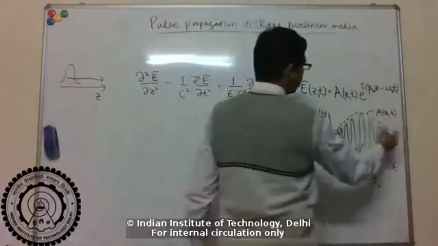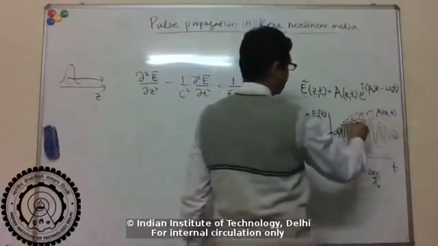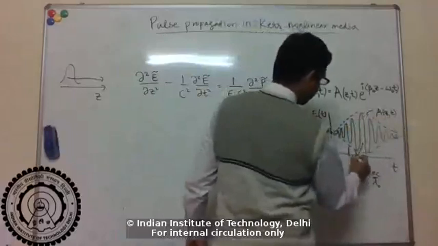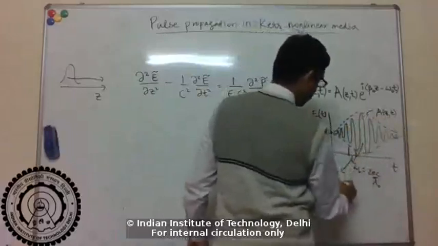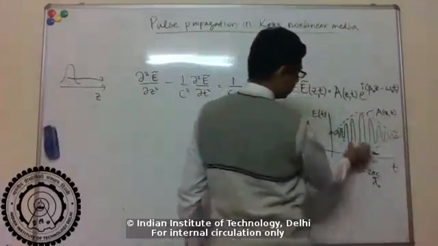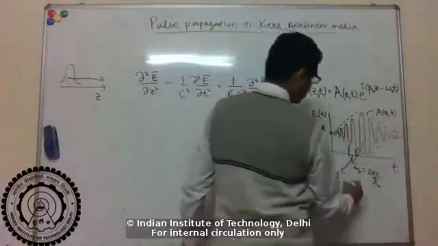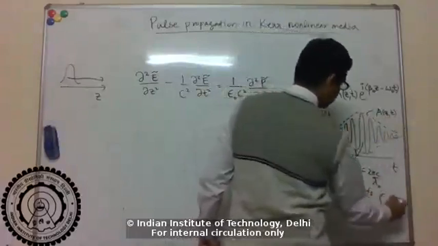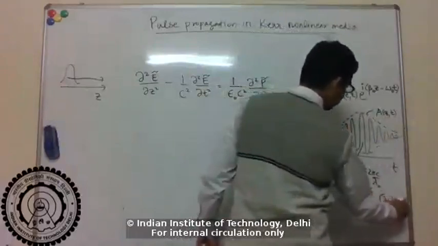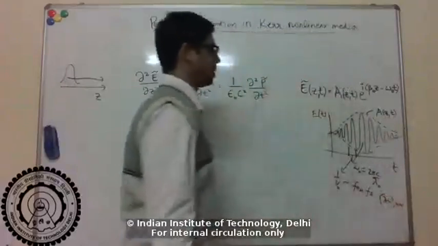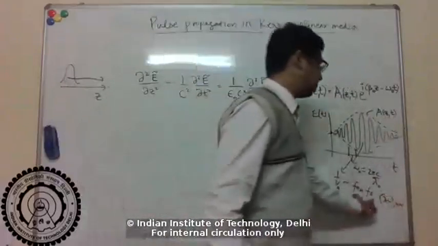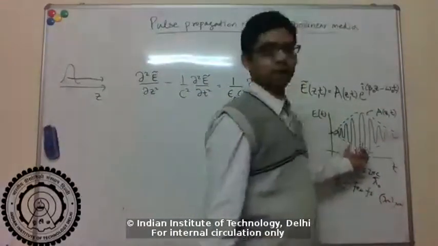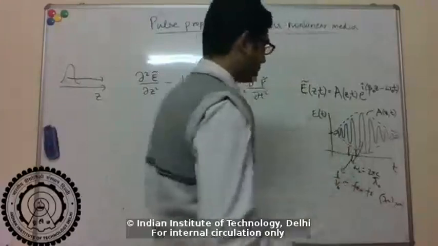If you look at the time period of the cycle, which is 1 over omega naught, that's typically a few femtoseconds for wavelength, let's say, near 1 micron. So let's say from 1 to 10 femtoseconds in that range, for the visible and infrared, you can check.